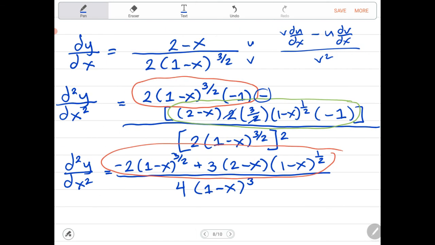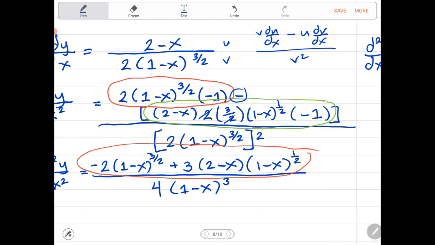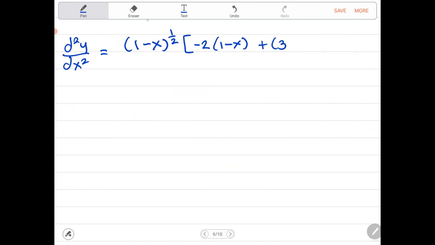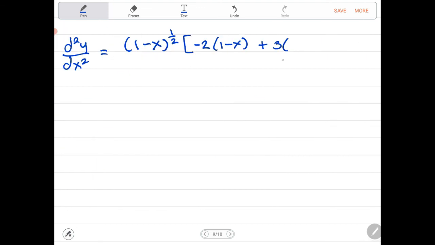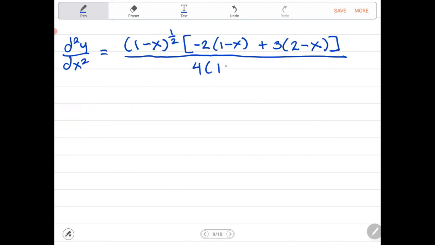Then we have plus 3 times 2 minus x. All over the LCD or the denominator, which is 4 times 1 minus x cubed.